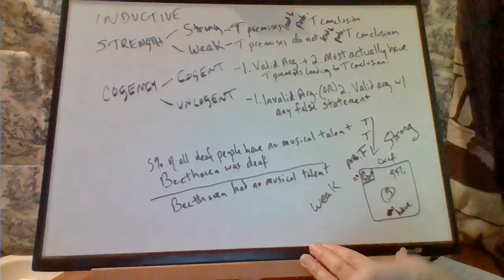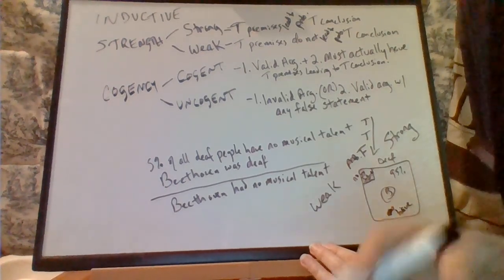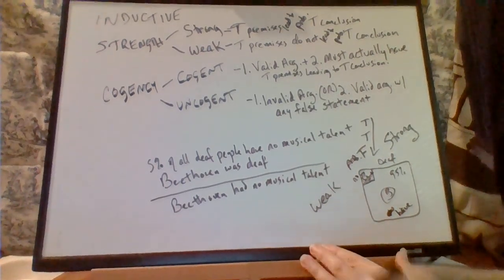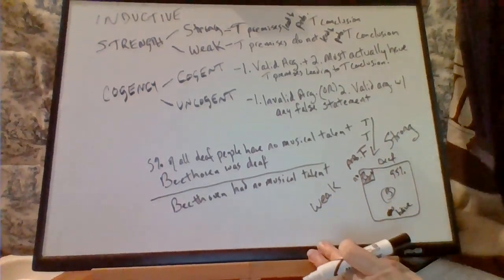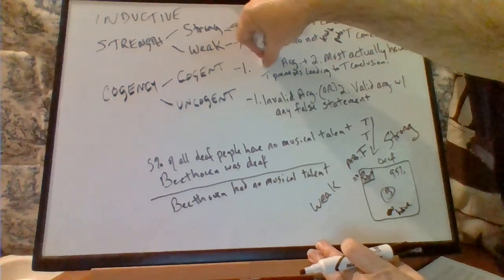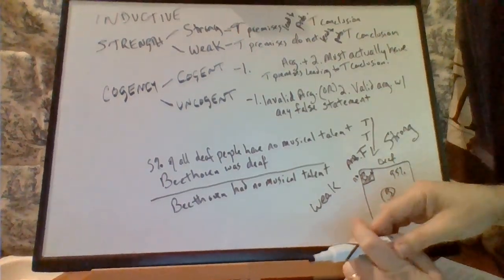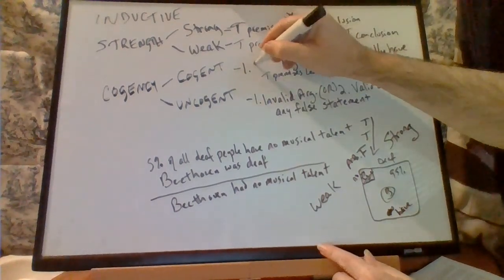Okay. Cogency, just like soundness, is where it actually matters whether the statements are true or false. And again, the setup is really very similar. To be a cogent argument, and that's what you want in induction, it first has to be strong.